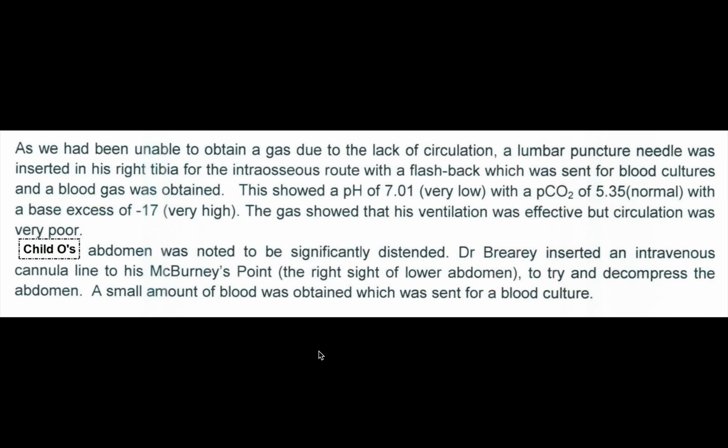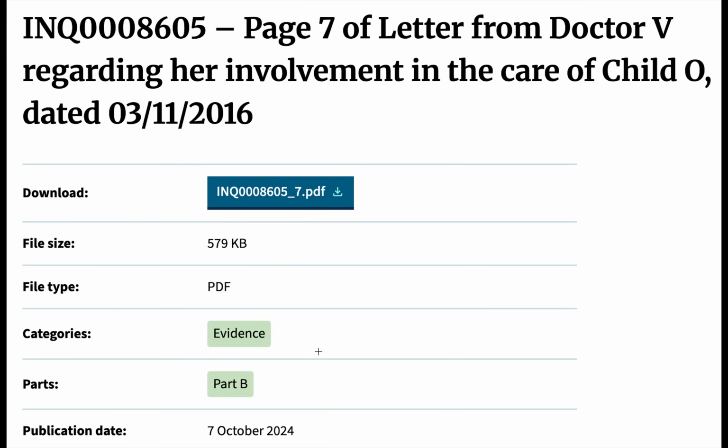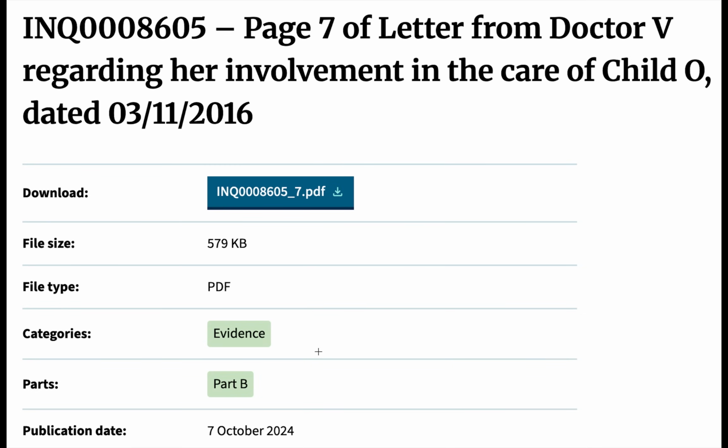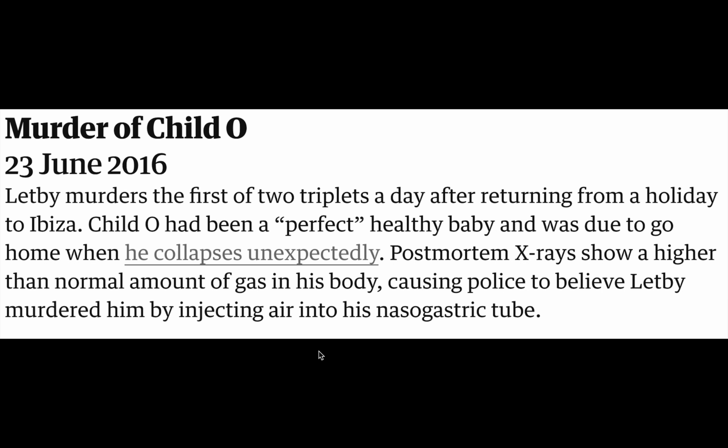Secondly, there's also no doubt that this letter is dated the 3rd of November 2016, as is reiterated here. Now, Child O, this is from a Guardian article. They very much changed the position. This was shortly after the court case. So it does say murder of Child O, which I don't believe that Child O was murdered.